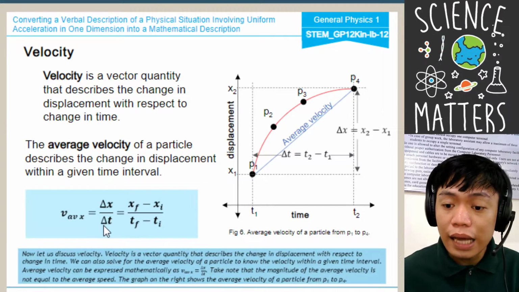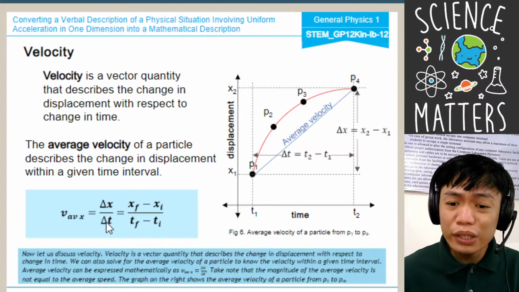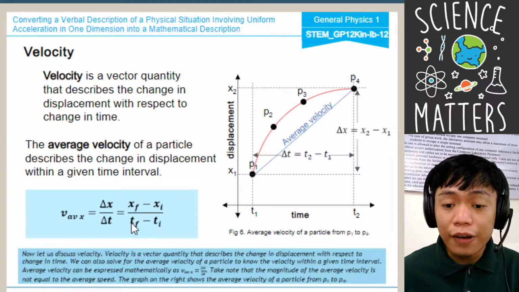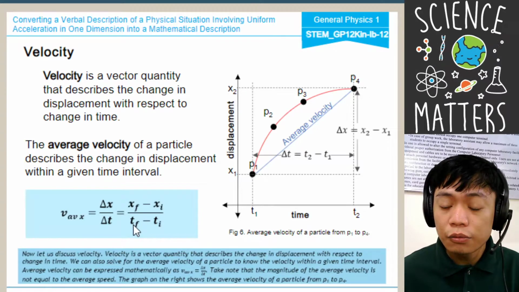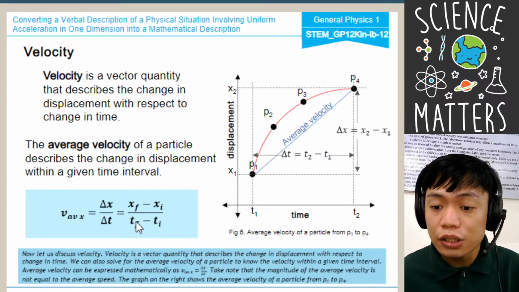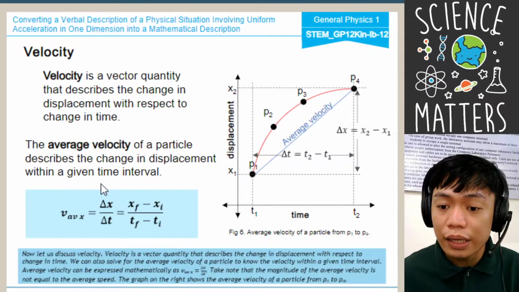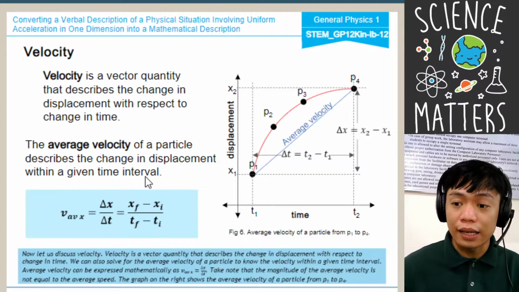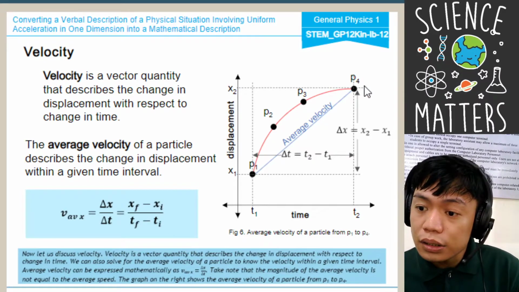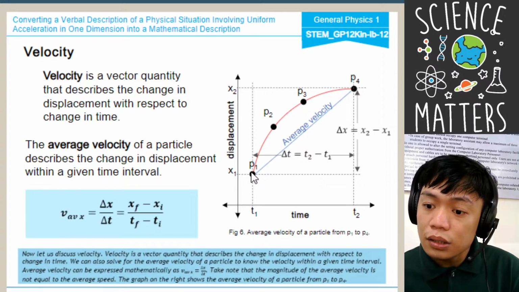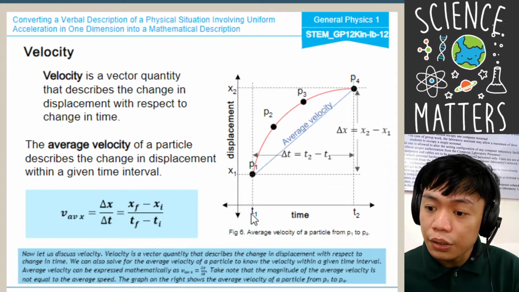And how about the time? The change of time is equal to the final time minus the initial time, because we are trying to get the time interval.